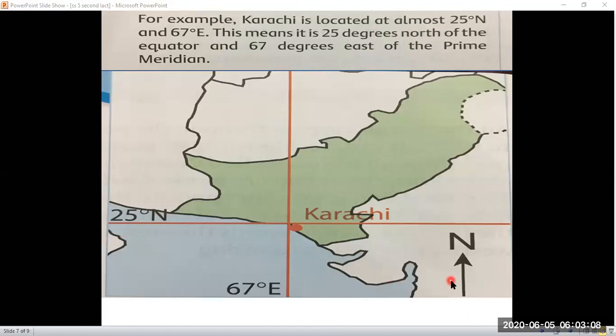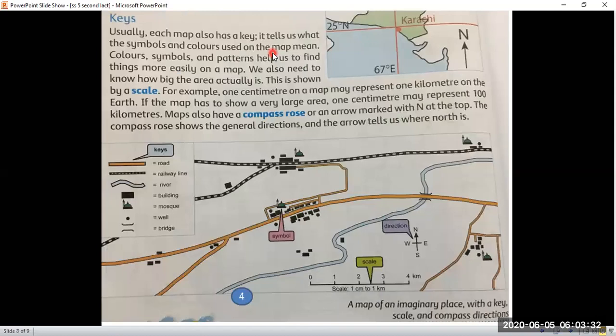This arrow line shows the north. Karachi is located at 25 degrees north and 67 degrees east. This means it is 25 degrees north of the equator and 67 degrees east of the prime meridian. So now we are going further.